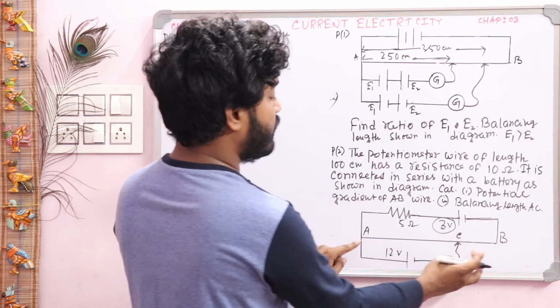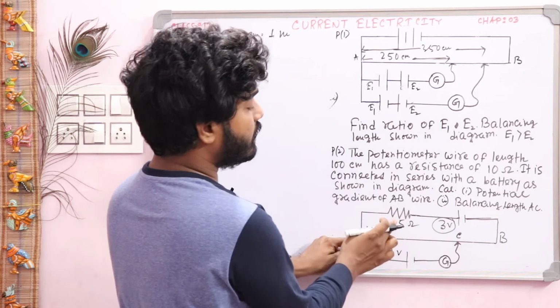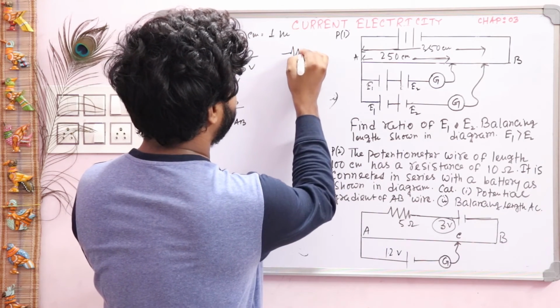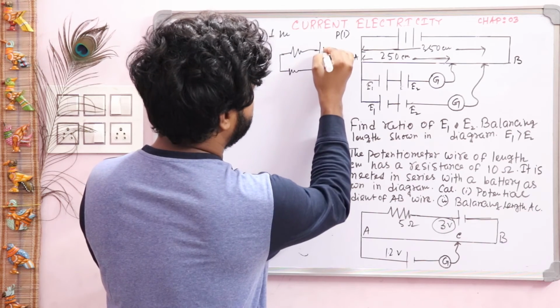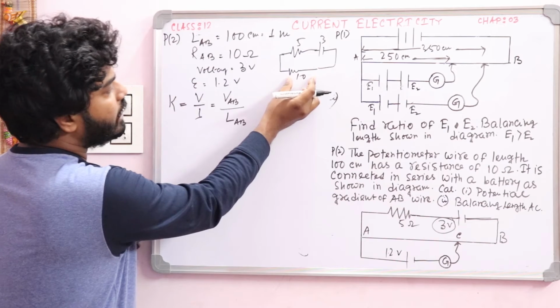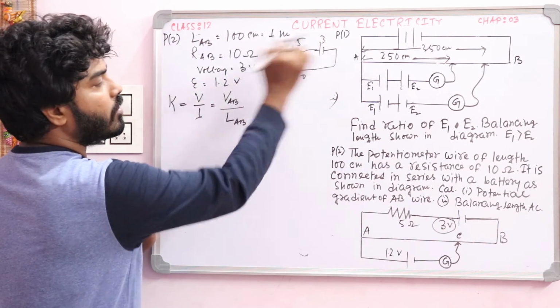You just see this AB wire has resistance 10 ohm, which is connected in series combination with 5, like this way. This is the 5 and this is the resistance 10, and here there is a voltage of 3 volt. This 10 is connected in series with 5, and this voltage value is 3.